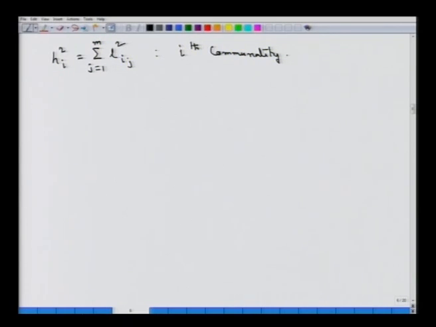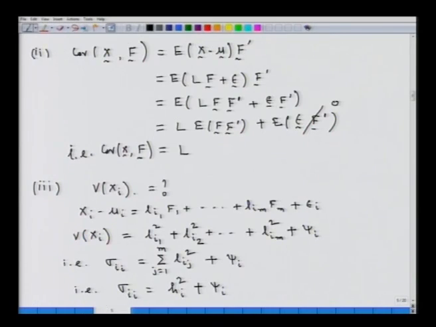Now, what does this ith communality tell us? If we look at this expression, what is sigma ii? Sigma ii is the variance of xi, and the ith communality, which is hi square, is this particular sum. This is the term which is trying to explain the variability in the xi variable, the variance of xi, sigma ii. So this is the portion of the variability of xi that is explained by the m common factors in total.